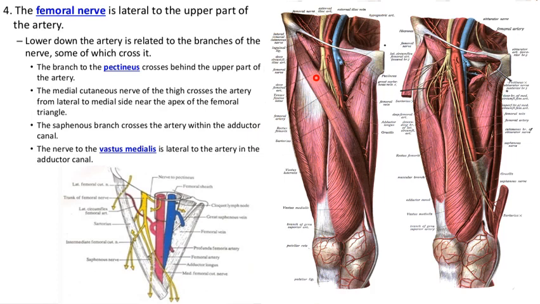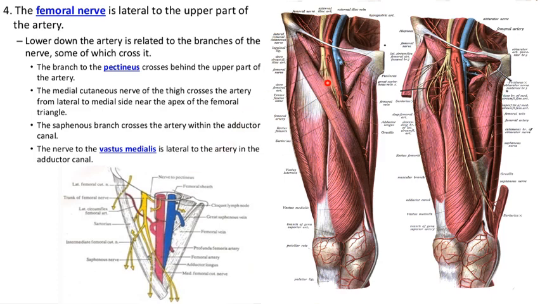As the nerve enters into the femoral triangle, it divides into 2 divisions, the anterior and the posterior divisions. Before that, from the trunk, it gives a branch which is the nerve to pectineus, which is posterior to the femoral artery. Right?